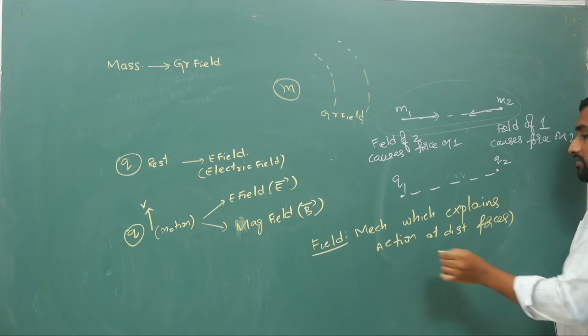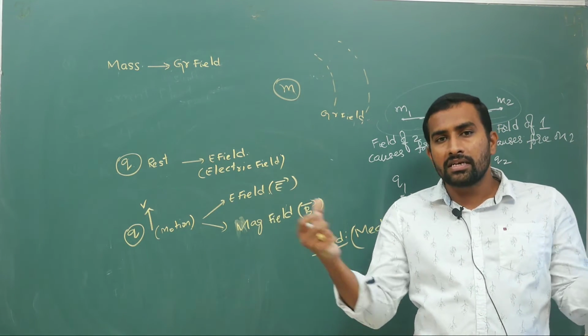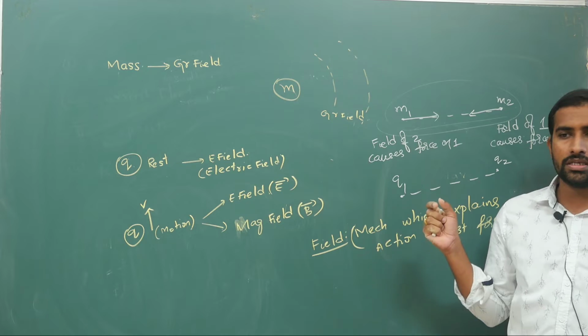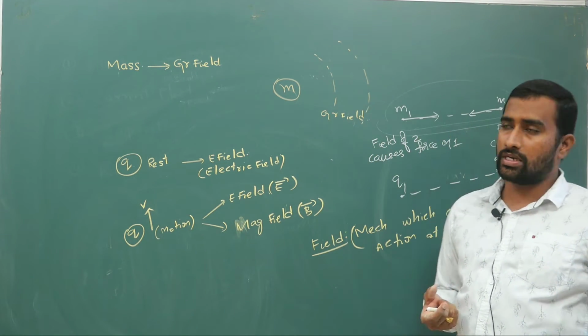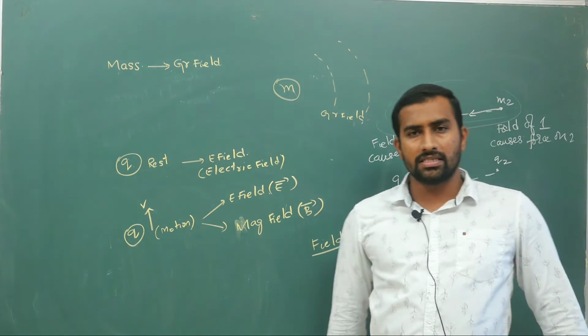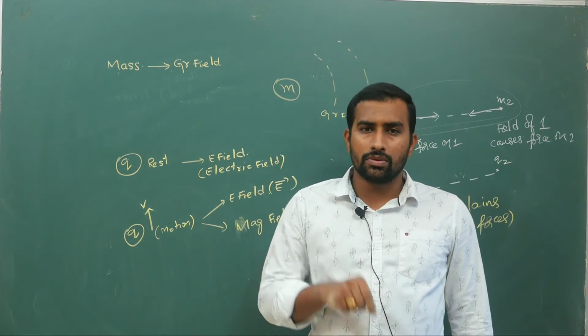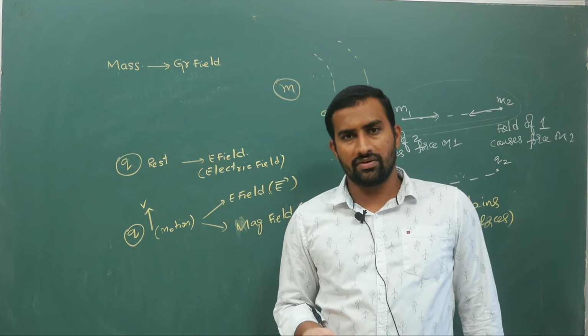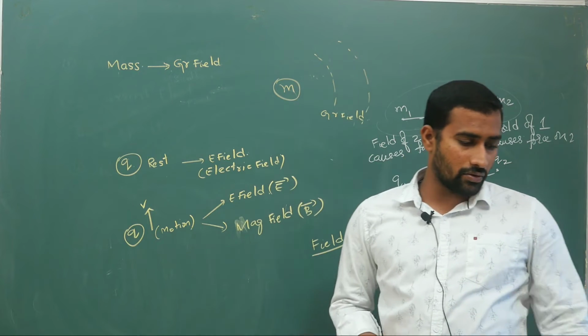Even though there is no connection, still there is some interaction happening between these two bodies, so you say that there is some kind of field present between them. Your field is the cause for force even in case of gravitation and even in case of your electromagnetic force.